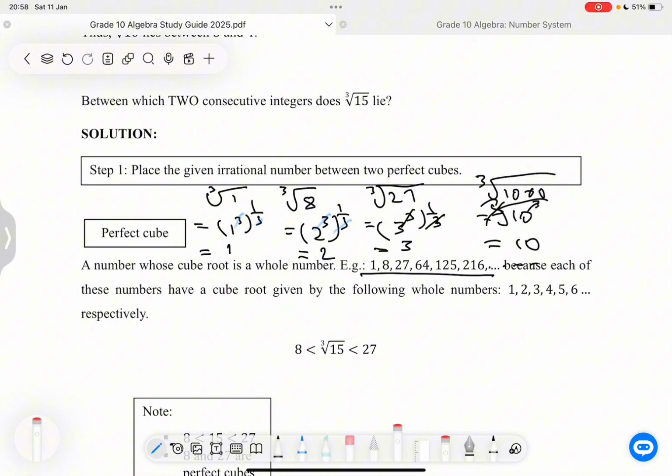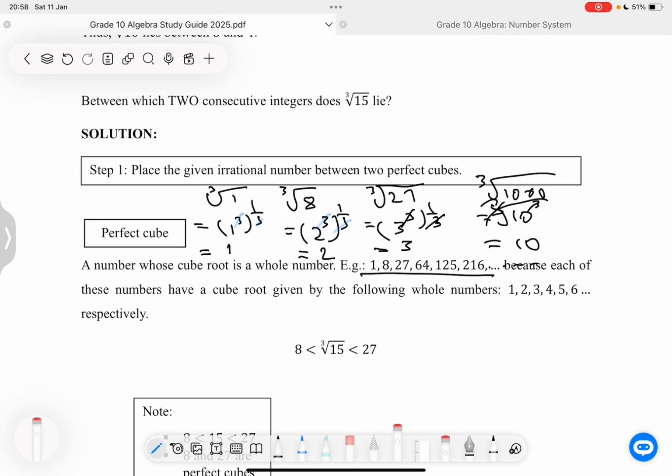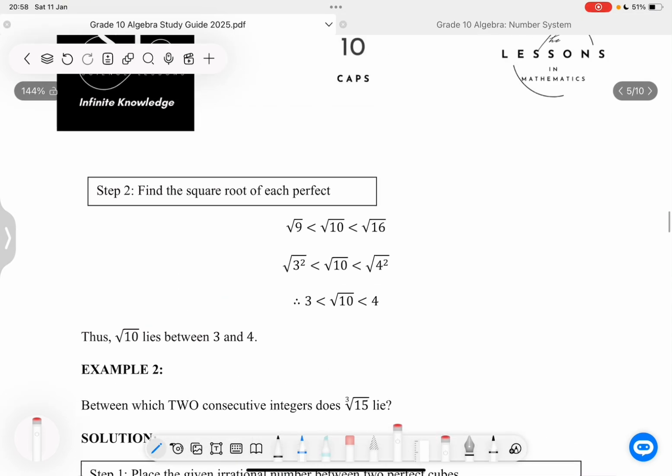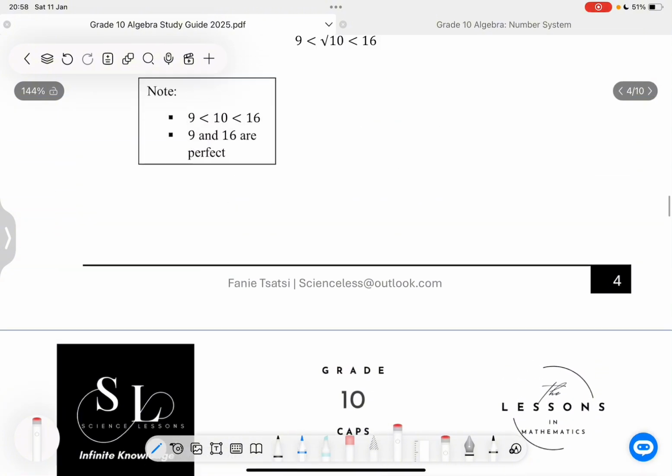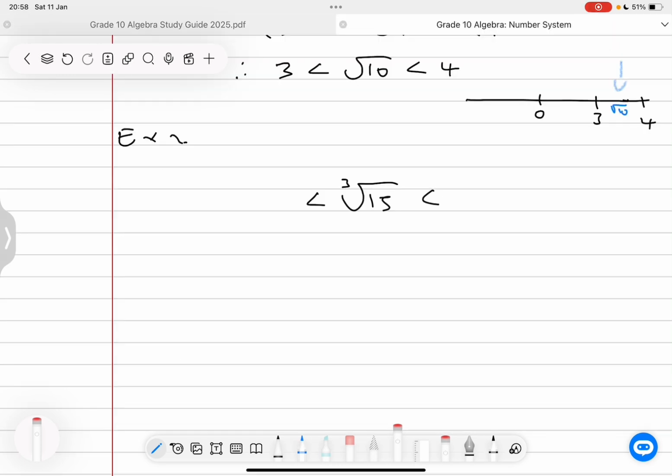Now, using our theorem, we're going to look for a number that is less than 15 on this side. But this number has to be a perfect cube.